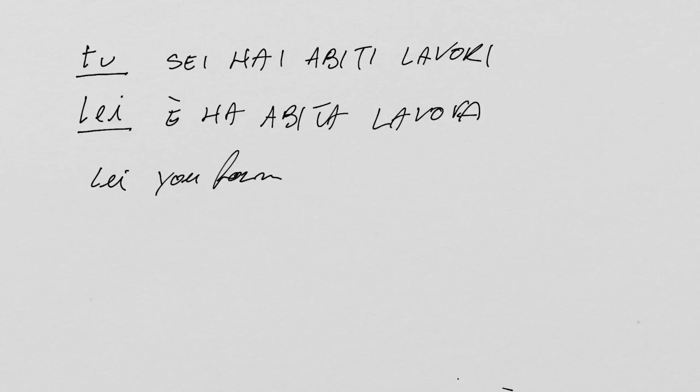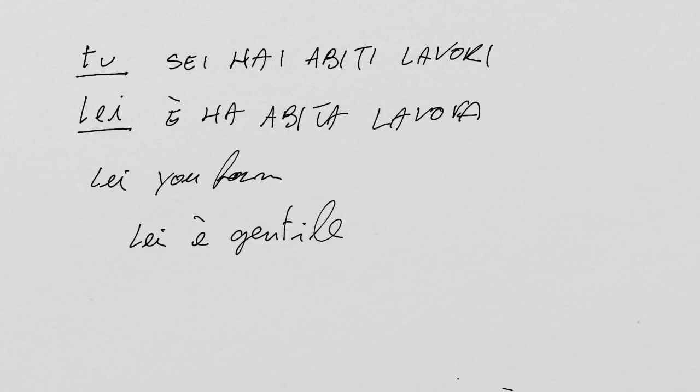For example, lei è gentile. You say you are gentle in a formal way. When you use lei as she, instead, you're talking about somebody else.